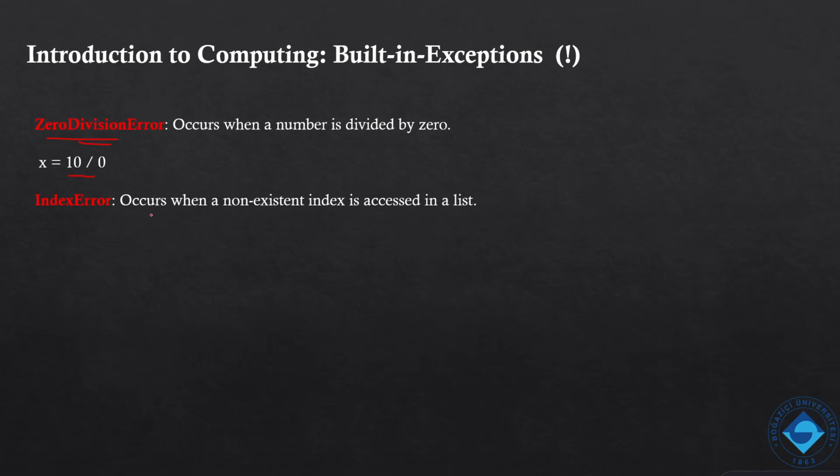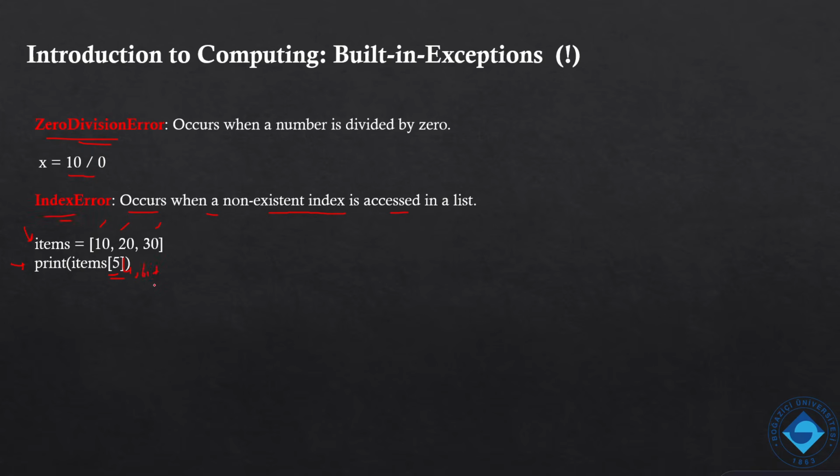And IndexError occurs when a non-existent index is accessed in a list. Here, our list items has 1, 2, and 3 elements, but I try to print the fourth or fifth element. It can be 6, 7, doesn't matter.